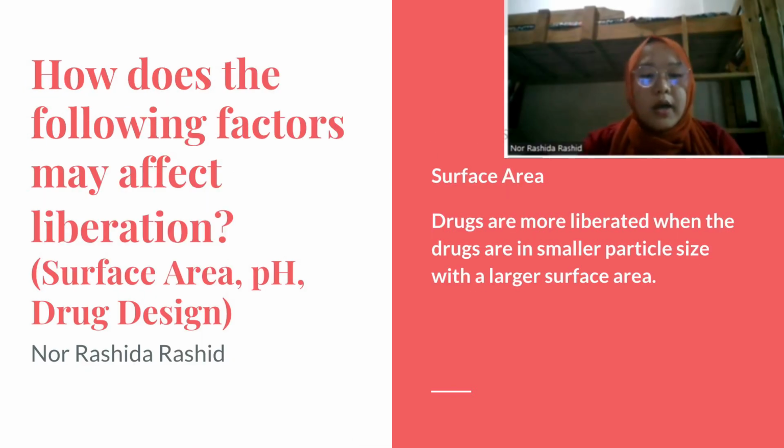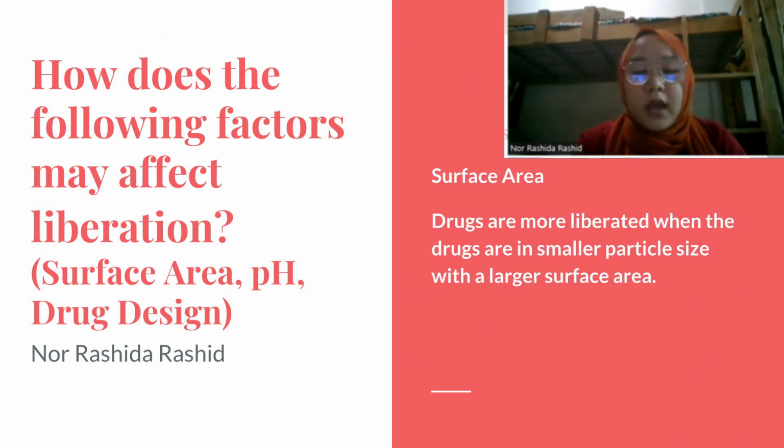For the next one, we will be talking about the factors that may affect the liberation. At first is the surface area. Drugs are more liberated when they are in small particle size with a larger surface area.